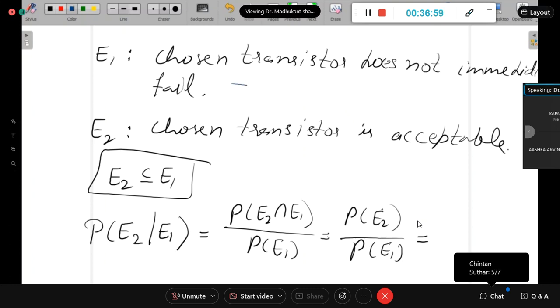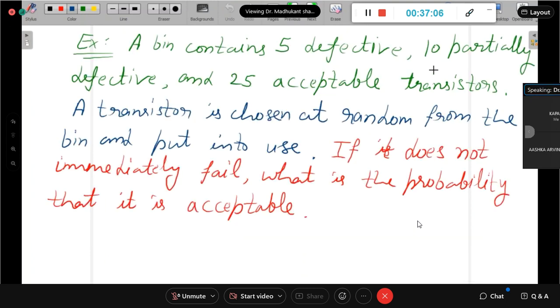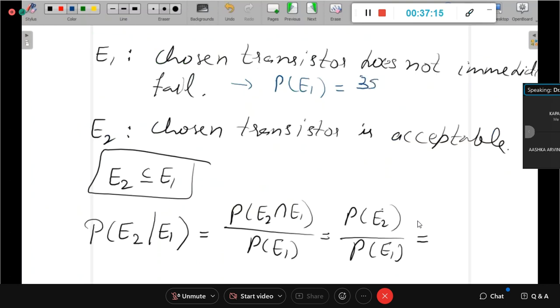Now, the chosen transistor does not immediately fail. So the probability of E1 is the number of transistors that may not fail or will never fail, so 10 and 25, total 35 out of 40.